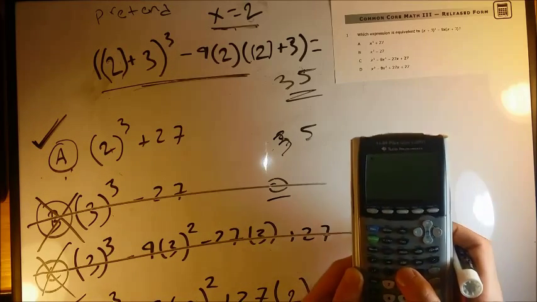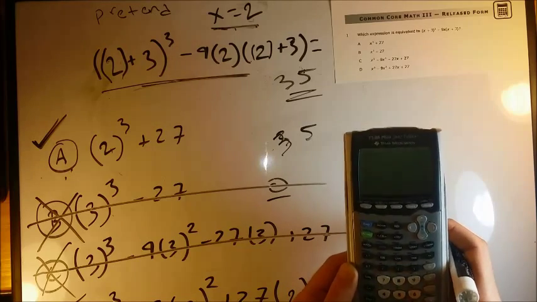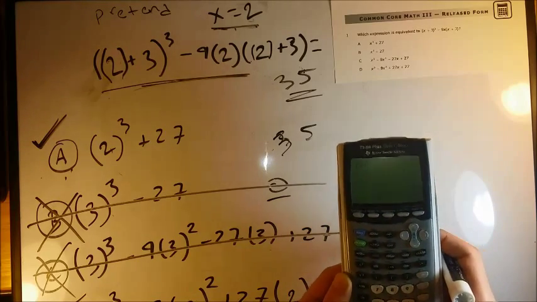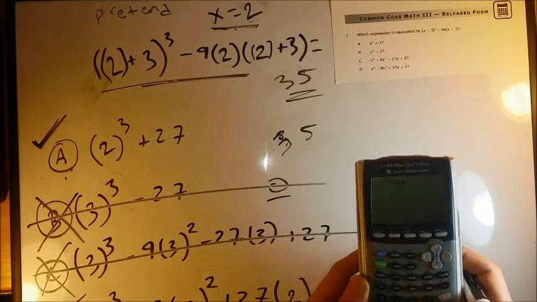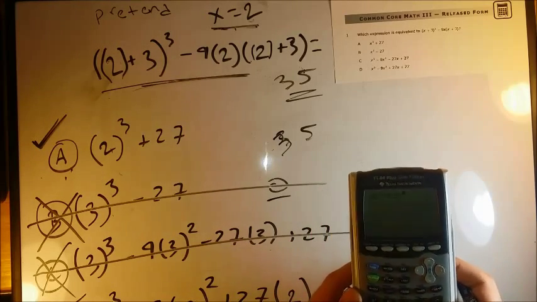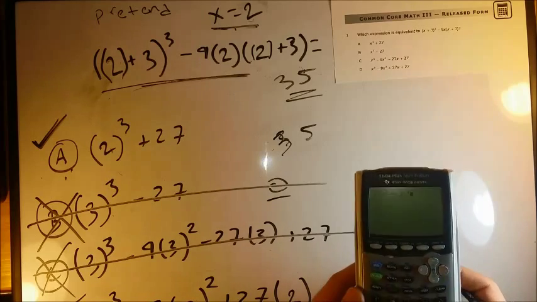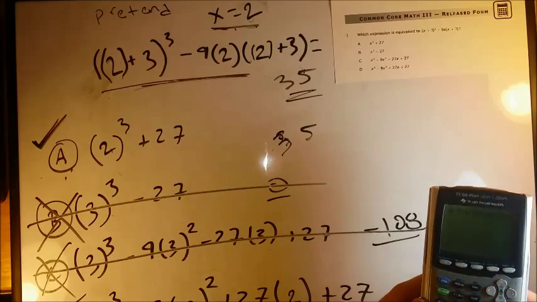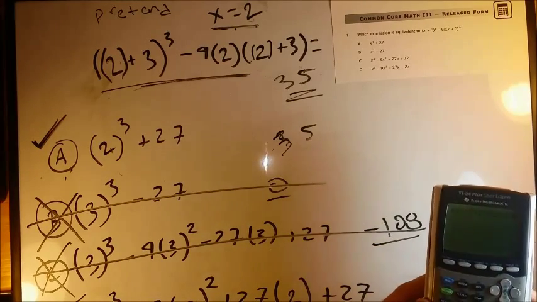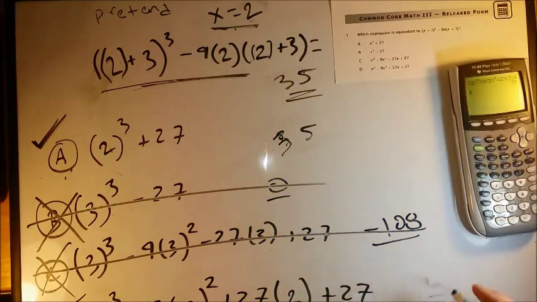Then let's do the second one. So 2 raised to the third minus 9 times 2 raised to the second plus 27 times 2 plus 27. This gives us an output of 53.